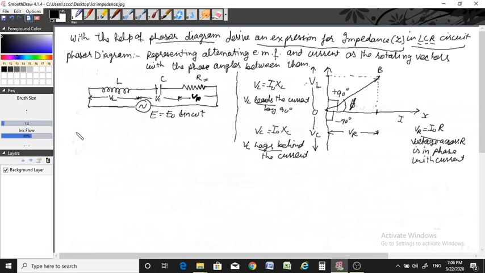Now there are two values, one VL and one VC.